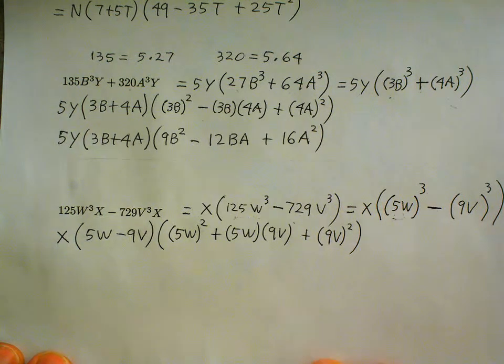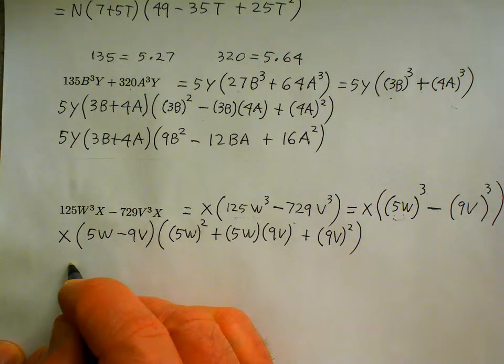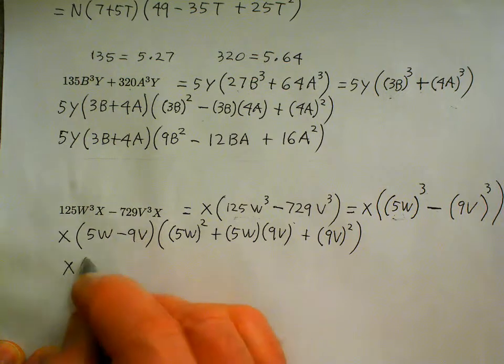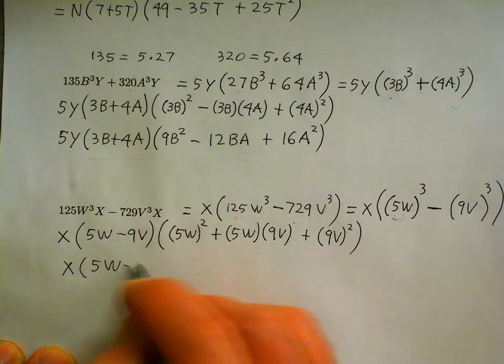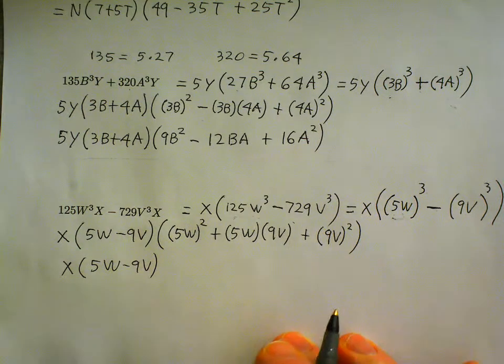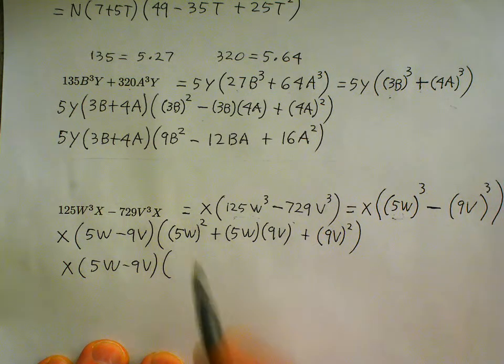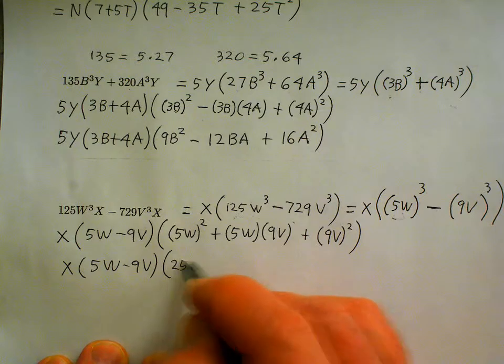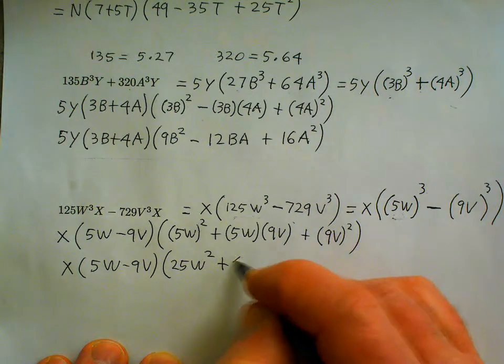And now we just do the arithmetic. So the complete factorization is x times the binomial 5w minus 9v. And inside the trinomial, when we square 5w, we get 25w to the second. And then we add 5w times 9v to get plus 45wv.